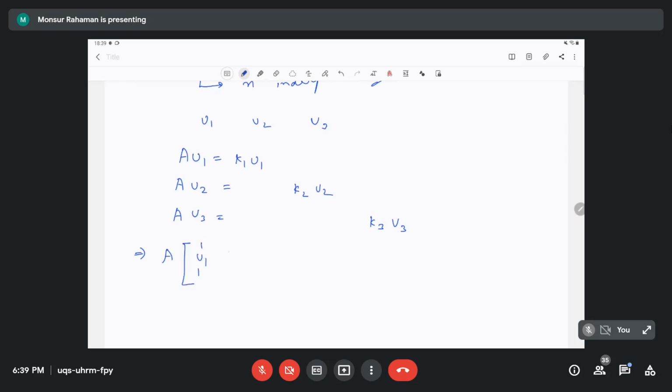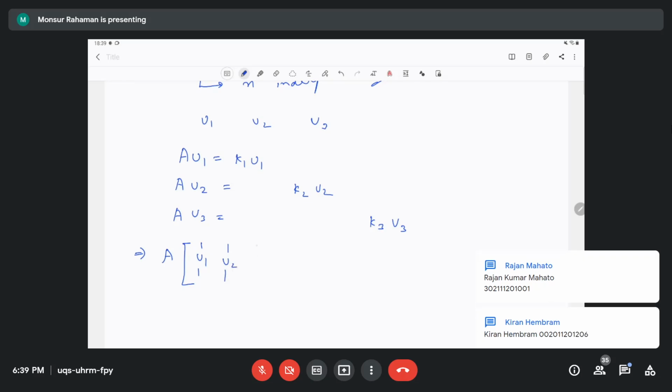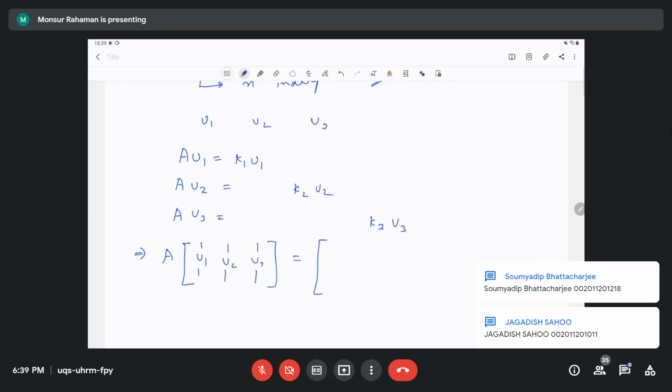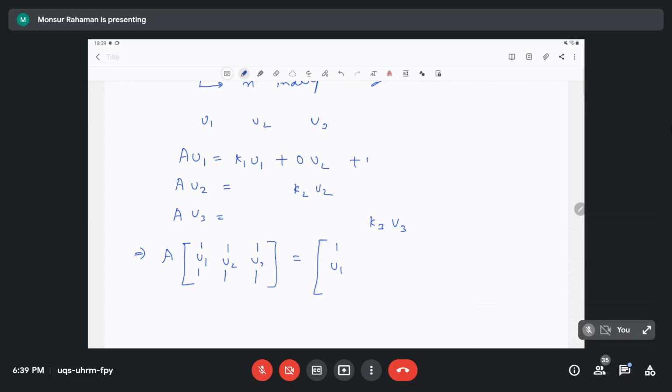If you write v1, v2, v3 column-wise, this will be a 3 by 3 matrix. So you can write k1 v1 plus 0 v2 plus 0 v3, 0 v1 plus k2 v2 plus 0 v3, and 0 v1 plus 0 v2 plus k3 v3.